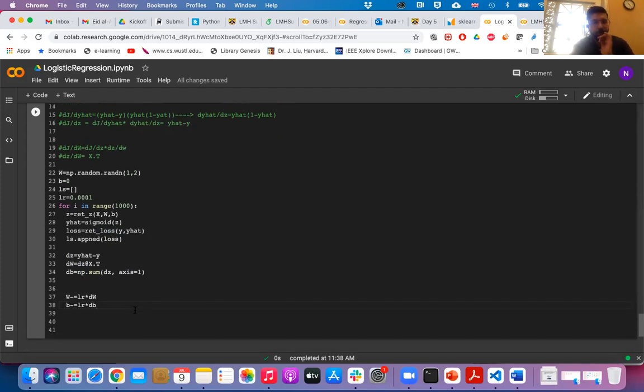And I think that should do it. Let me just double check everything. So I calculated the gradients and I updated the value of my parameters. Seems fine. Let's just run it and see if there are any errors.